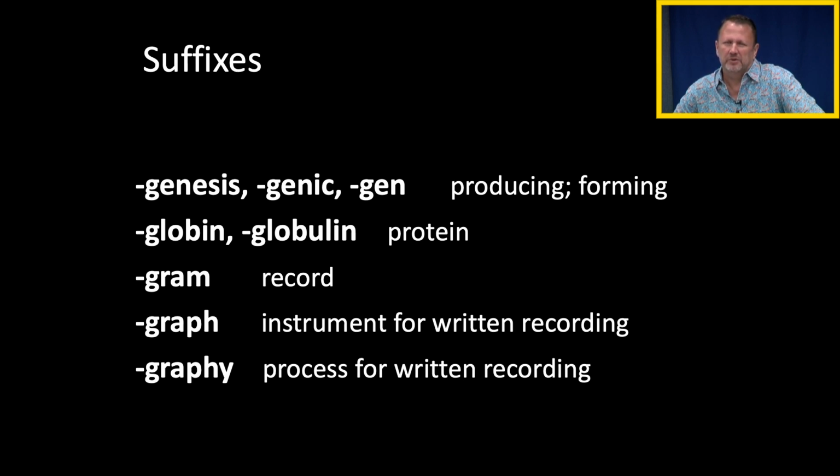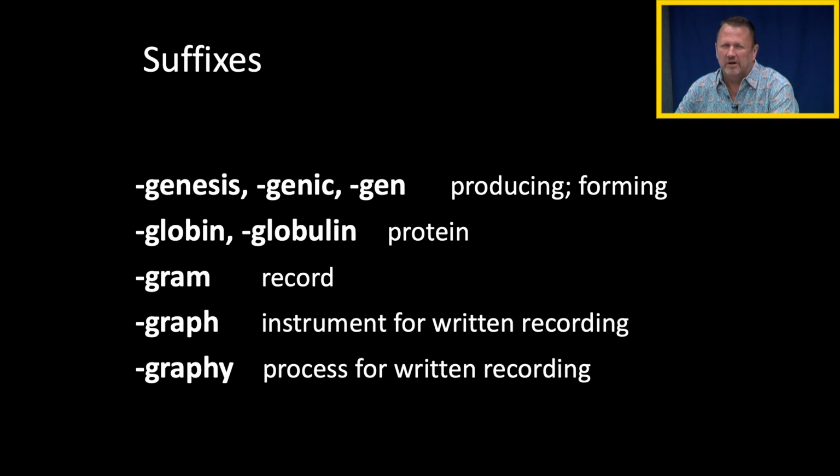And we've used all sorts of gen words so far. We've talked about globulins. Anything that has globulin as a suffix is a protein. Gram means to record something down. The graph is the instrument that writes it down, and the graphy is the process of writing it.